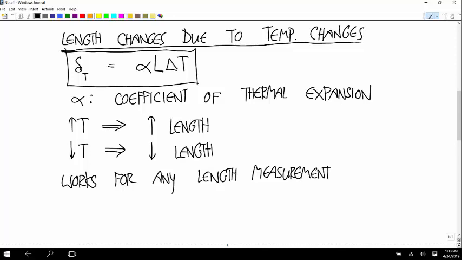We're talking about solids here, but there's a similar equation for thermal expansion of liquids. And the related relationship between temperature and size for a gas is the ideal gas law.